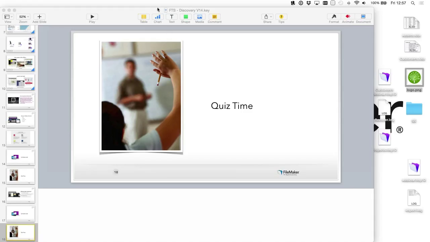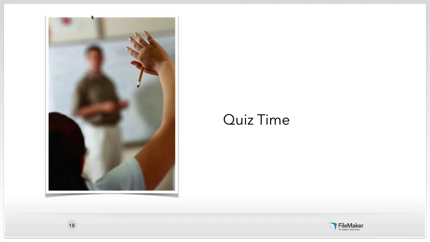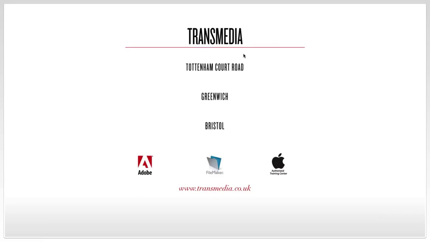Okay, fantastic. So thank you for that. I think that just helps me wrap up what we've been trying to learn today. So please join us for the rest of the series, but just for those of you who want to go off and straight away dive in deep, one of our major training organisations is Transmedia. They have offices, two in London and one in Bristol.